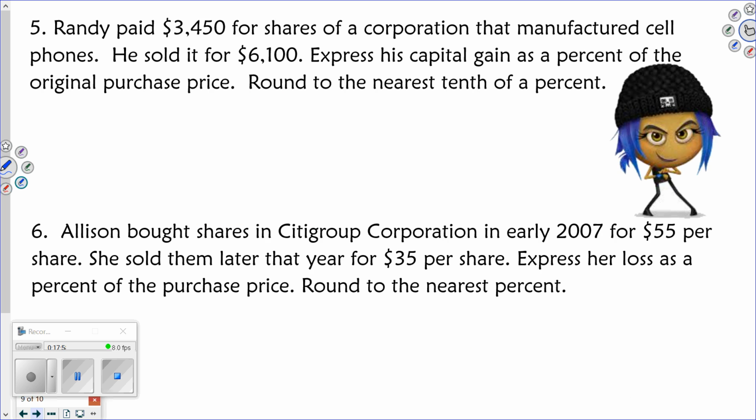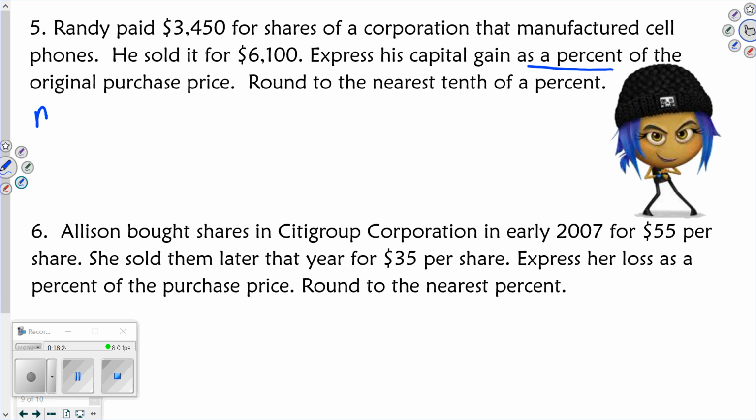Randy paid $3,450 for shares of a corporation that manufactured cell phones. He sold it for $6,100. Gain or loss? Gain. Express his capital gain as a percent of the original purchase price. Round to the nearest tenth of a percent. So this is the new minus old. Anytime it's asking you to express something as a percent, that's where we're going with this.